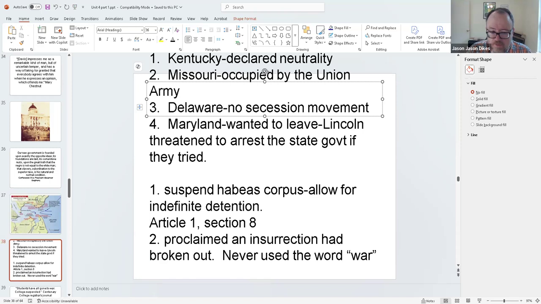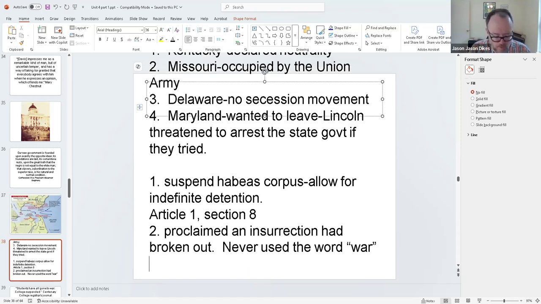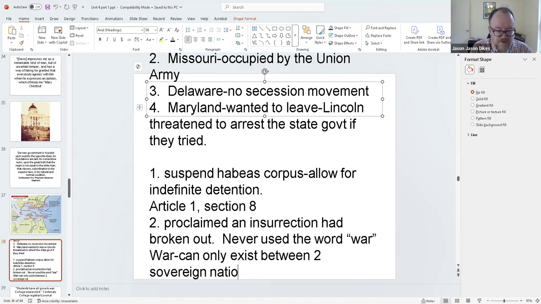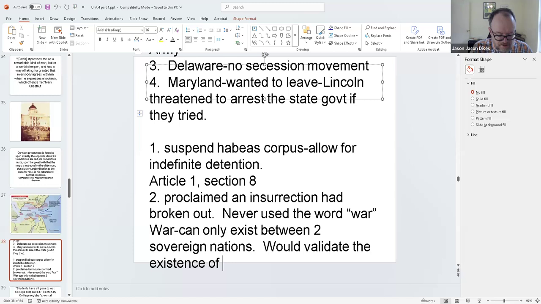But he will never call this a war because war, by definition, can only exist between two sovereign nations. And so calling this a war would validate the existence of the Confederacy.